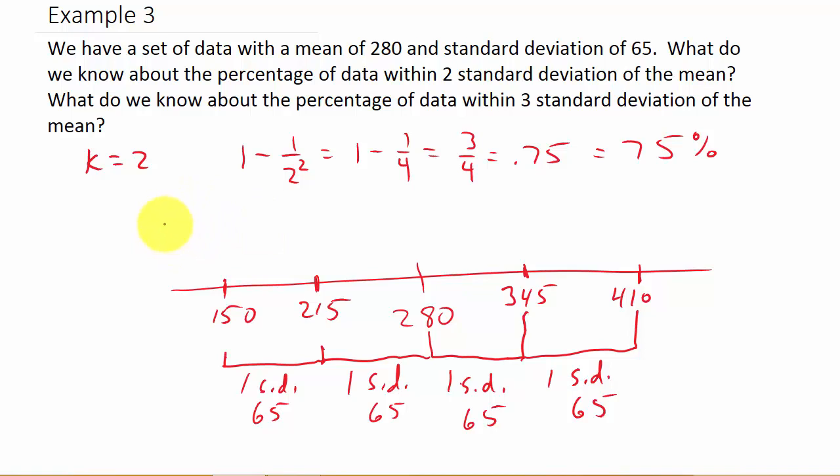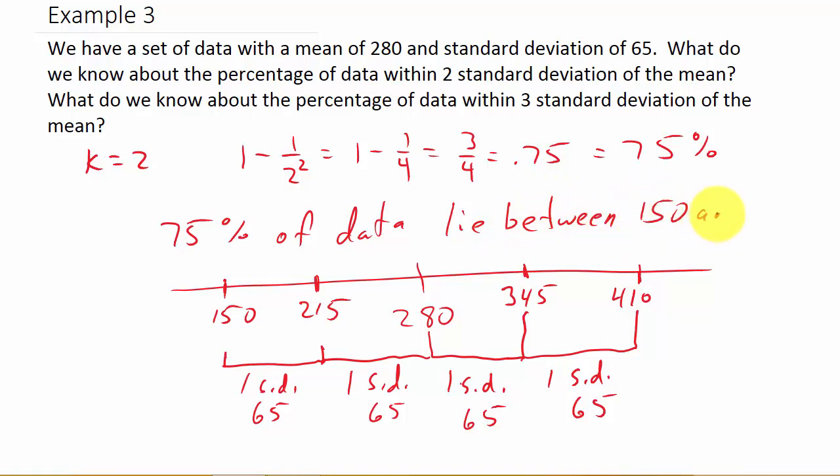We can say that 75% of the data lie between 150 and 410. All right, so that's what we can say about the 2 standard deviations.